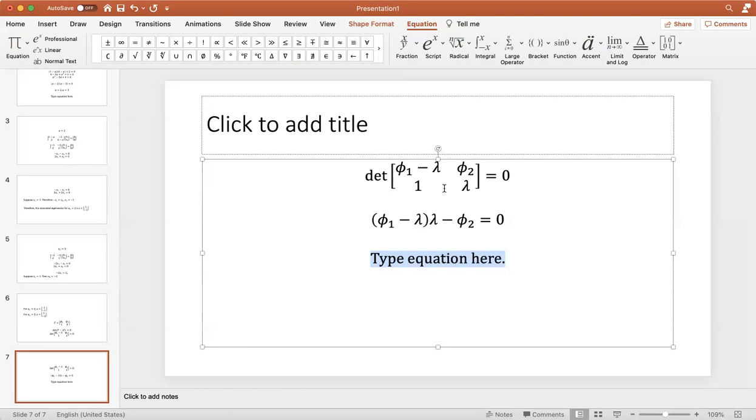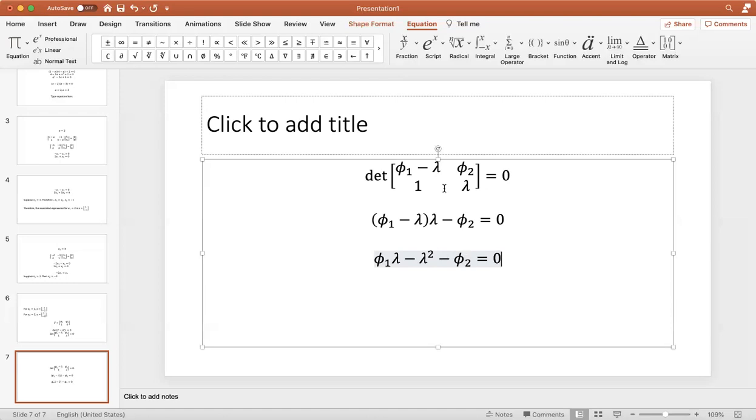So let's expand this. So you'll have phi1 lambda minus lambda squared minus phi2, and that's equal to 0, right?